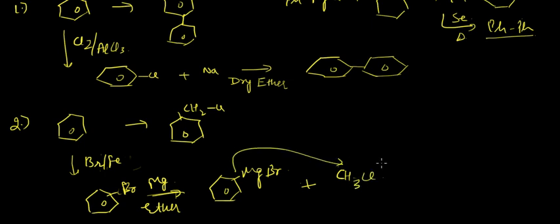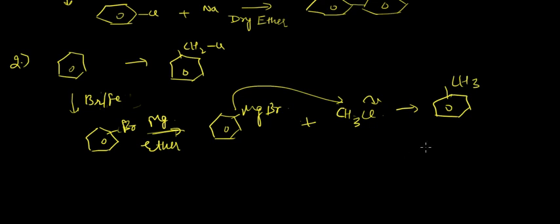Now that will attack on this. Cl will remove itself from the C bond, and we would have something like this compound. Toluene is formed, and MgBrCl. Again, you can have Cl2 in presence of h nu. It will convert itself into CH2Cl via free radical mechanism.